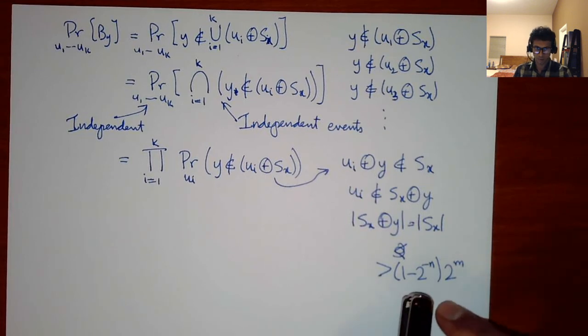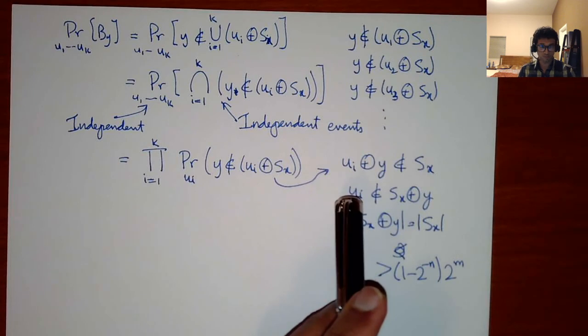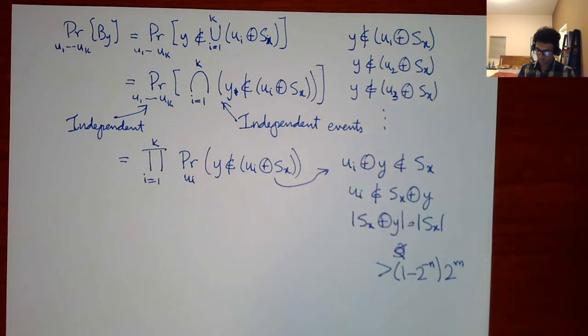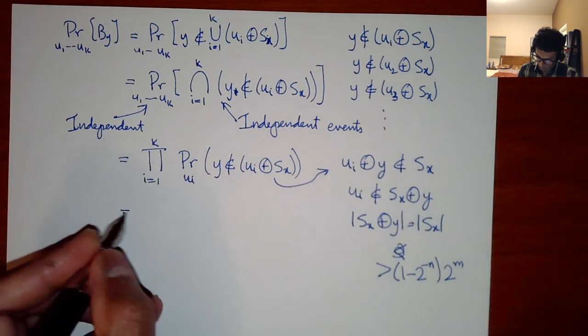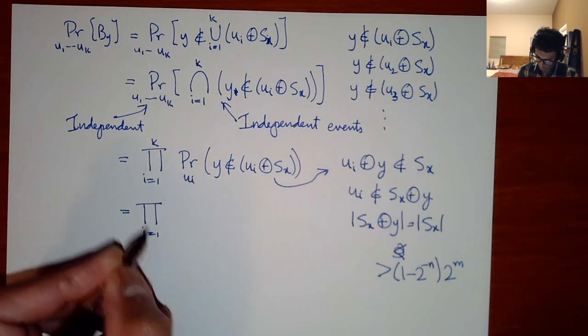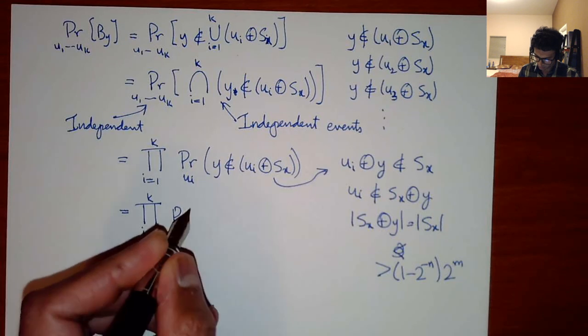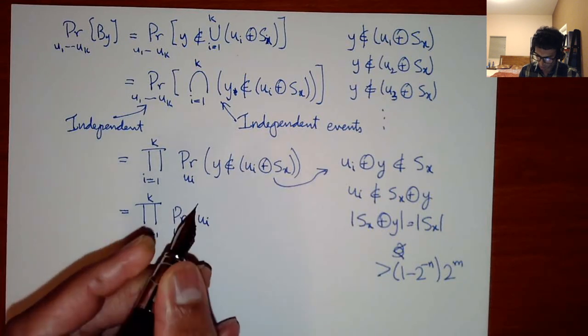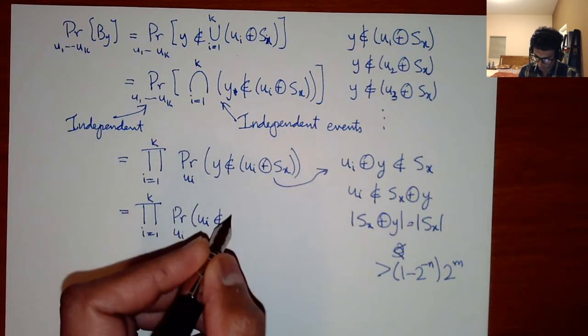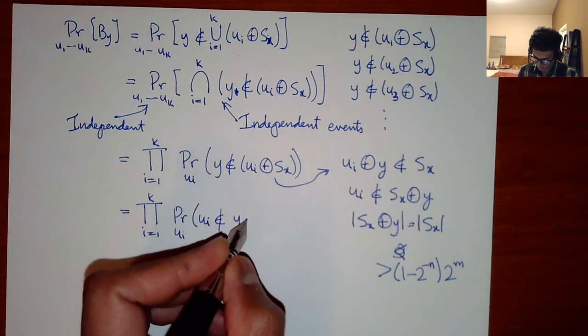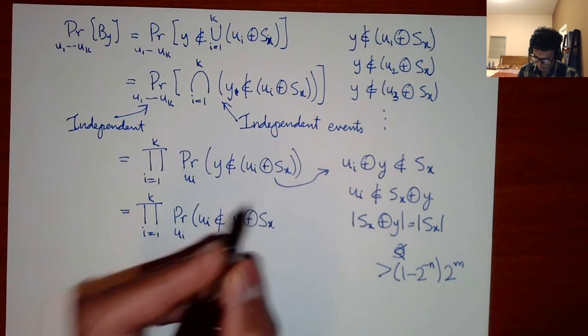The probability that ui, which is chosen uniformly at random, does not lie in this set is now easy to analyze. This is the product, i going from 1 to k, of the probability over ui that ui does not lie in the shift of y.